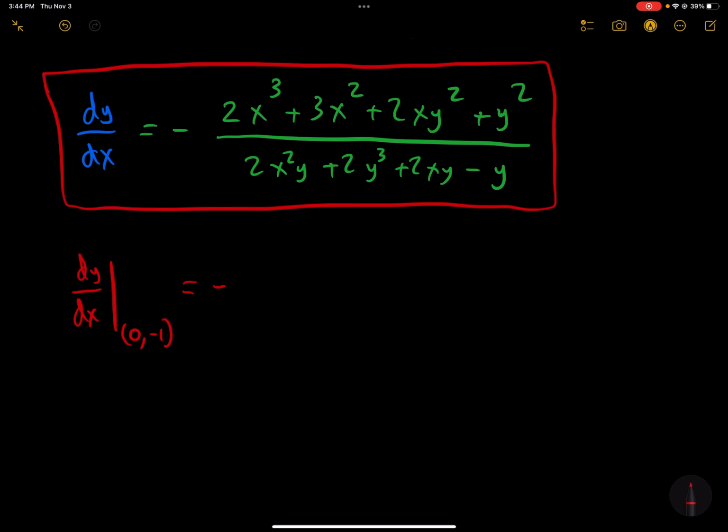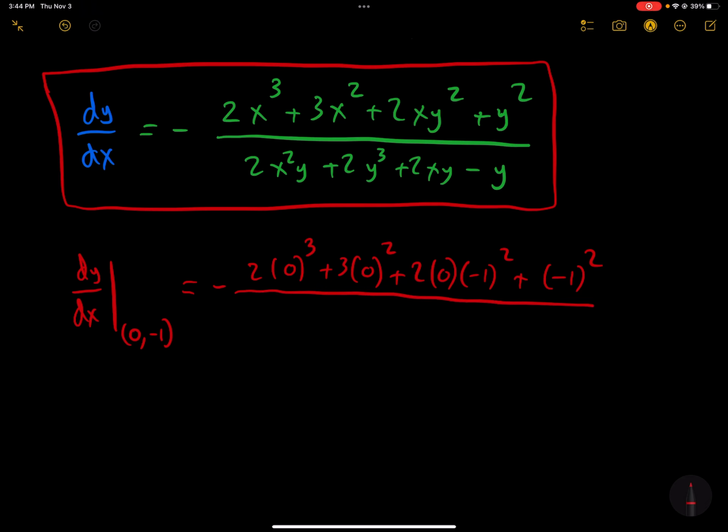That will give us 2 times 0 cubed plus 3 times 0 squared, plus 2 times 0 times negative 1 squared, plus negative 1 squared, divided by 2 times 0 squared times negative 1, plus 2 times negative 1 cubed, plus 2 times 0 times negative 1, minus negative 1.